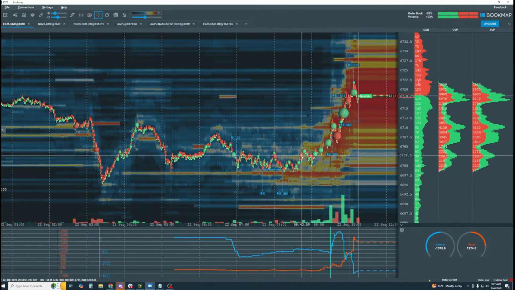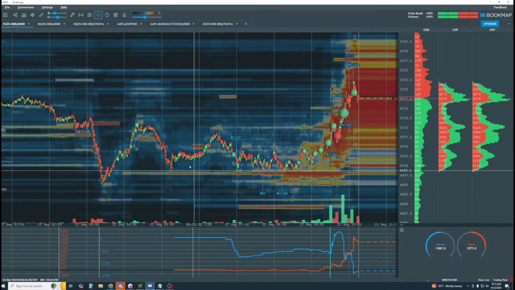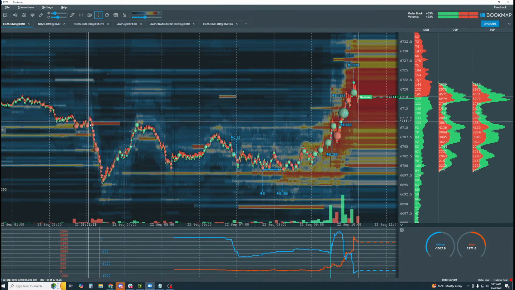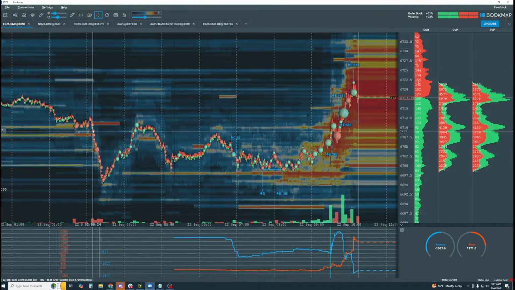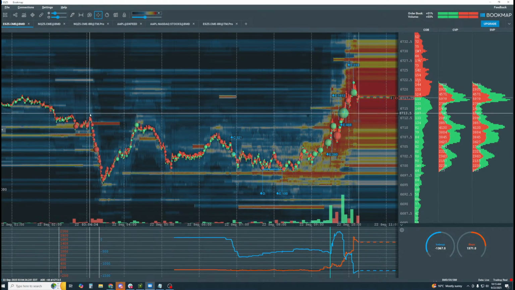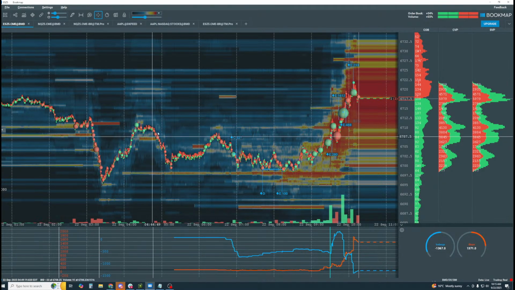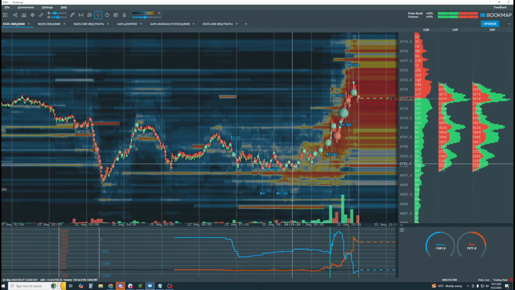Okay, so this is what we have here looking at the overnight. Okay, we went below this swing here. Now we didn't go to the lows. And you do see some heavy selling in here just around the London open or so, a little bit later.